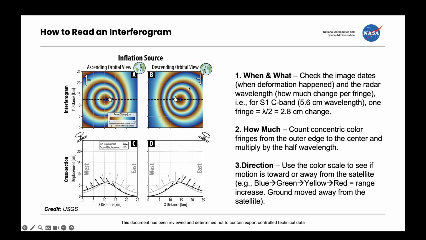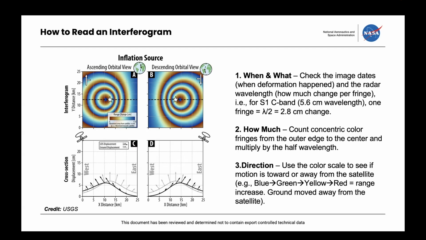The second thing is how many of these fringes occur. You would count from the outer edge to the center, and multiply it by half of the wavelength of the satellite. So here, for example, if I just count, I will count 1, 2, 3, and then maybe a half.